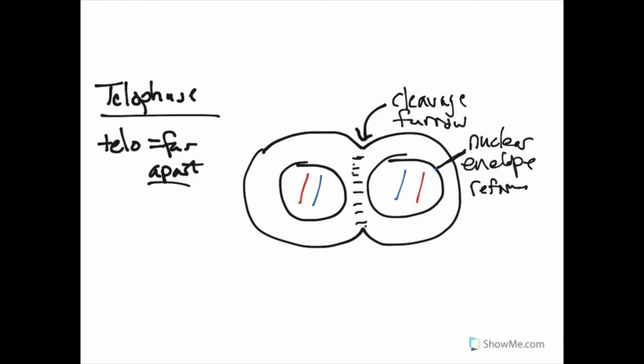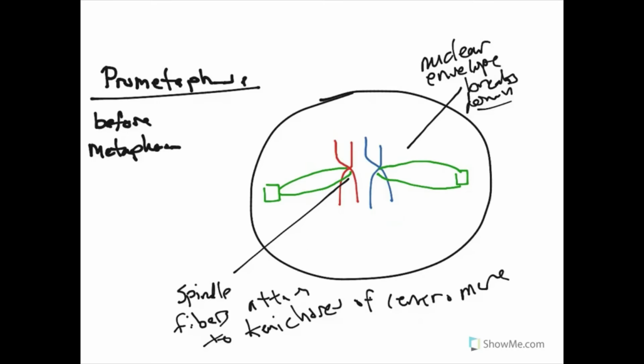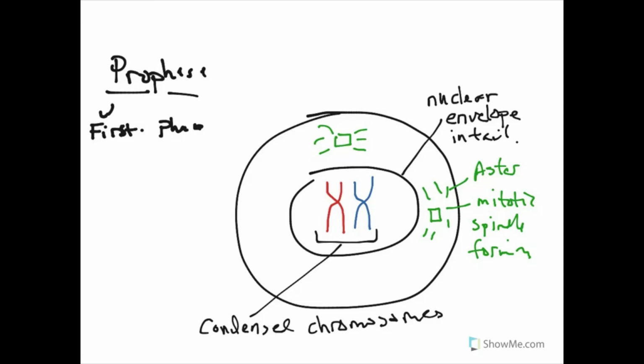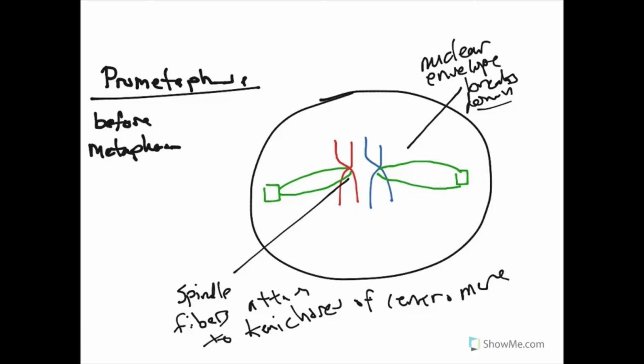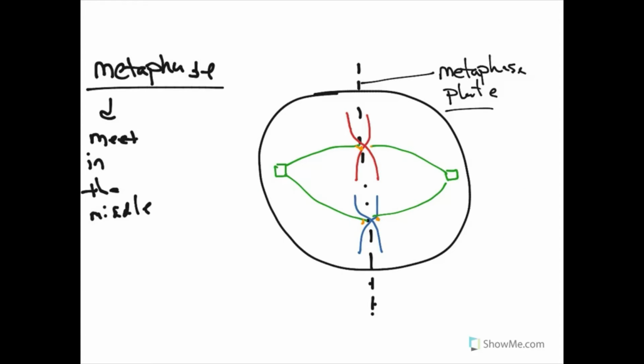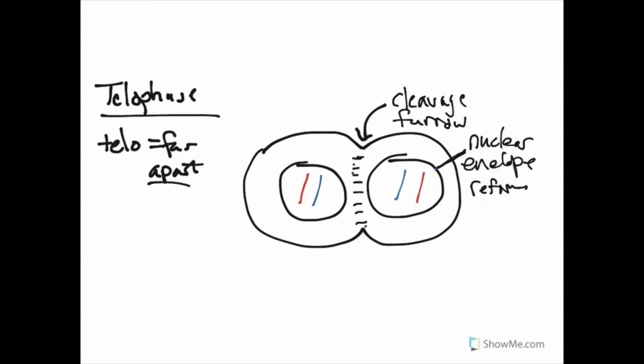So PPMAT is what we saw. We have PPMAT: Prophase, Prometaphase, Metaphase, Anaphase, and then telophase. At the end of telophase will come the very last step called cytokinesis.